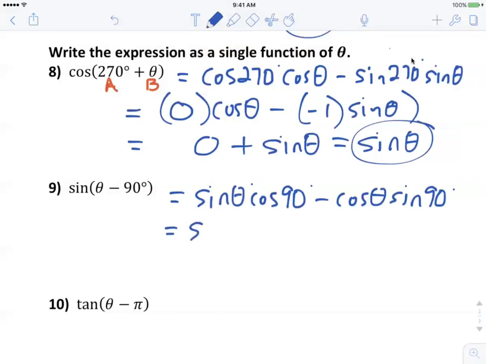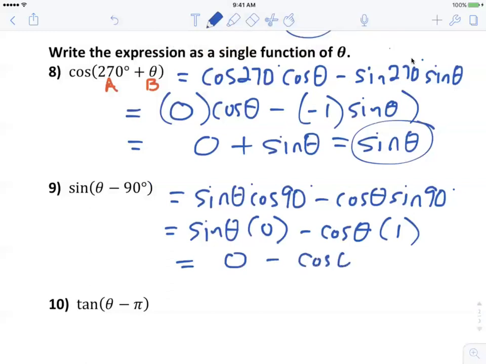Let's see, sine theta, we can't change it, but cosine 90 is unit circle. Cosine of 90 is 0. Cosine theta, and then sine 90 is 1. All right, sine theta times 0 is 0. Cosine theta times 1 is cosine theta. And 0 minus cosine theta would be a negative cosine theta. And that's it.